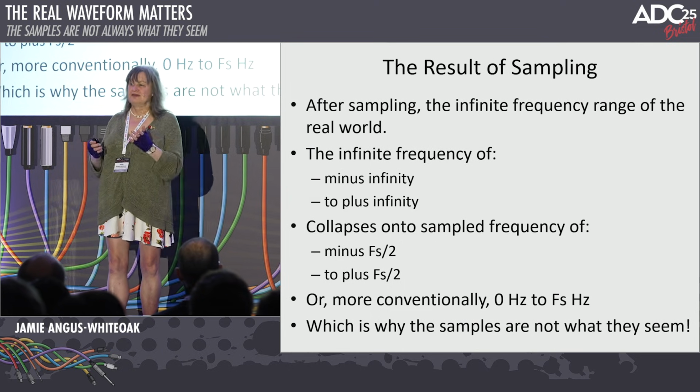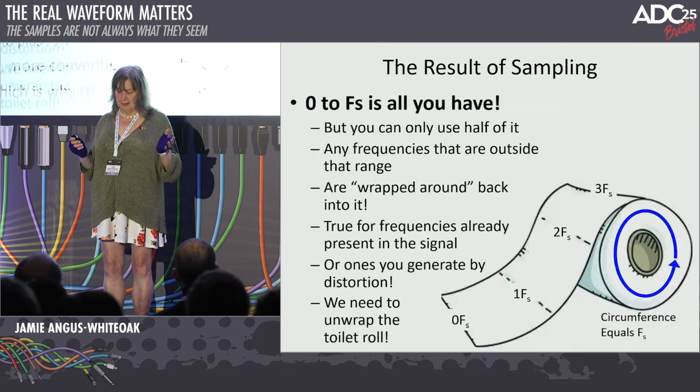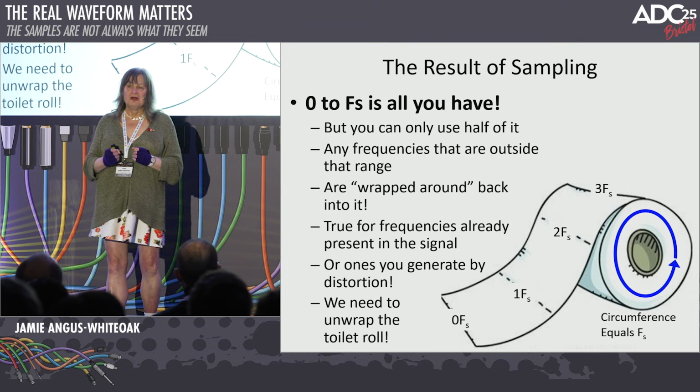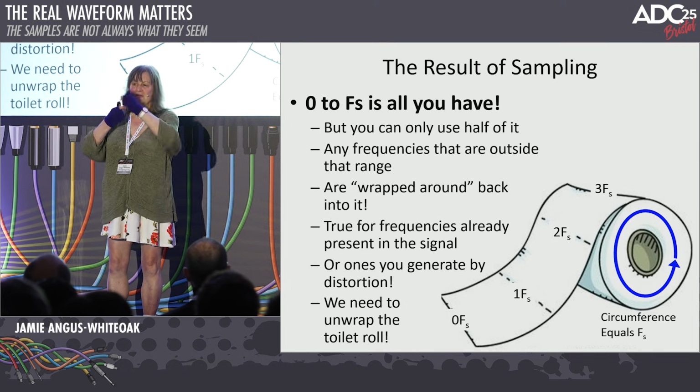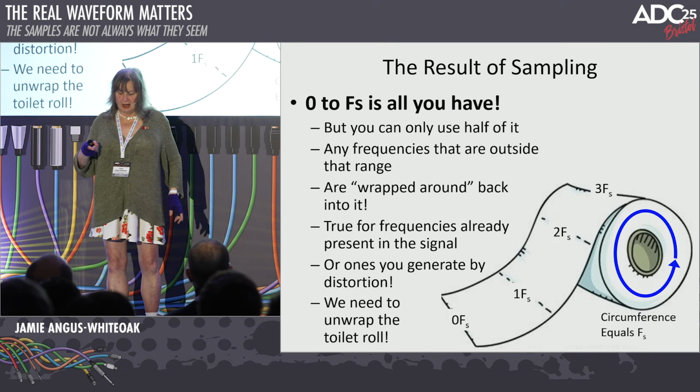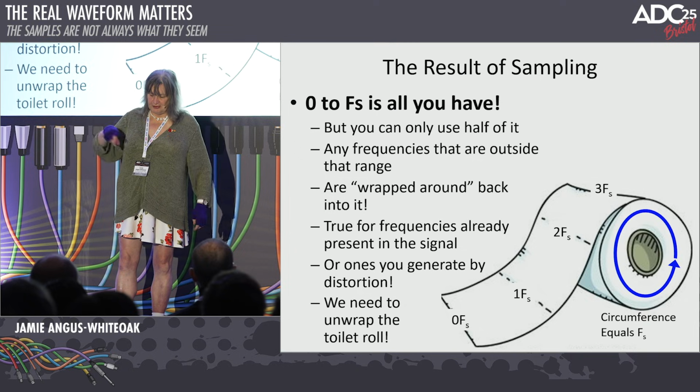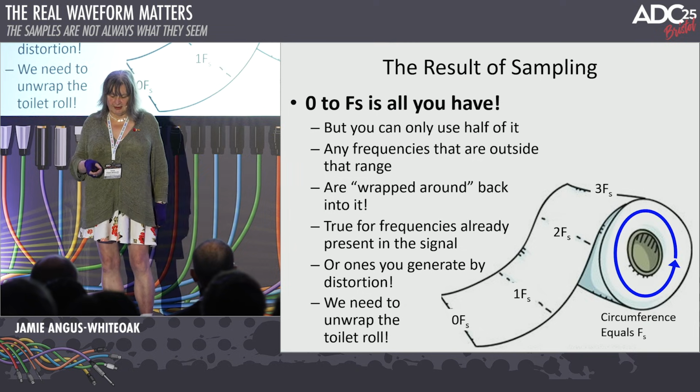Which is why the samples are not always what they seem. So that's the result of sampling. You can think of it as a toilet roll wrapped round and round with infinitely thin paper, so it always lines up.